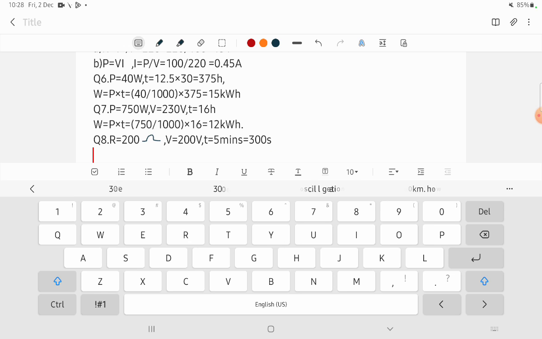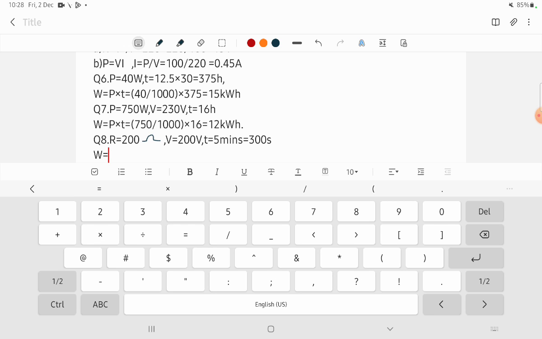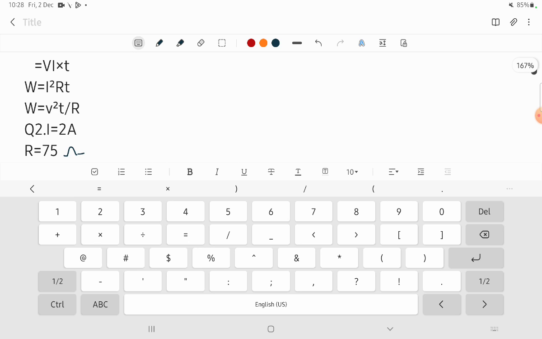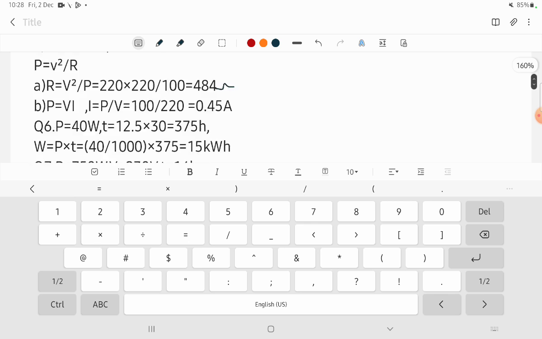So you have to find out energy consumed. So your formula will be this one. See, V square T by R, because V given, T given, R given.